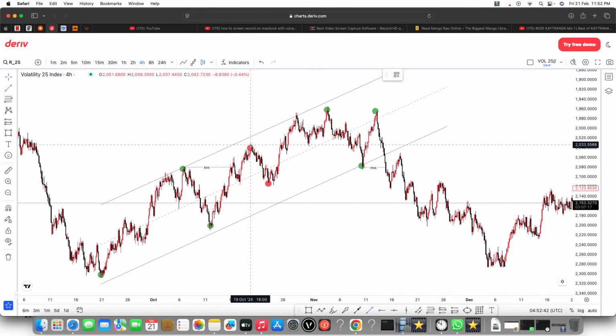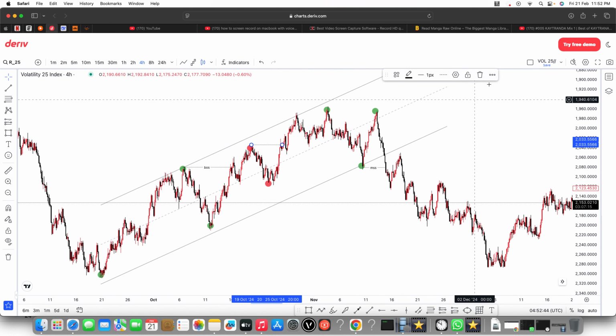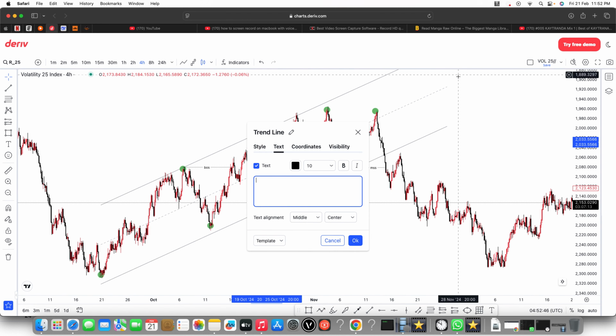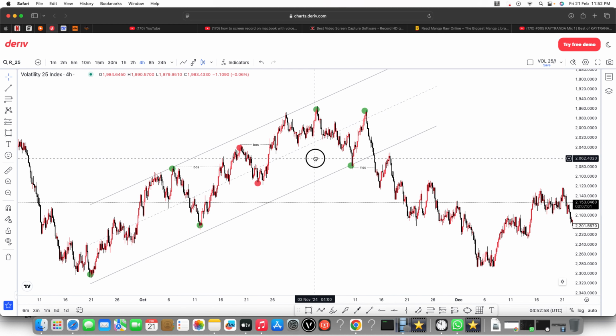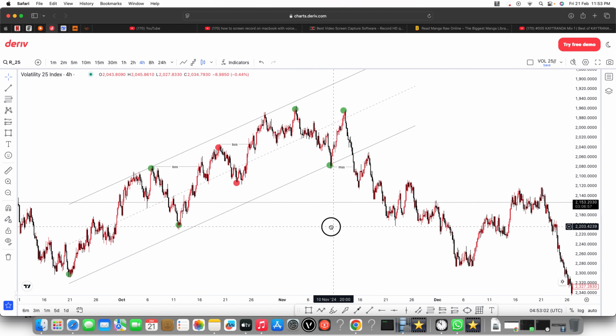The break of structure is basically the starting point of the trend, where you get the first break of structure, second break of structure, third break of structure, maybe even a fourth break of structure. We have to look for the specific start of the trend to know that it is actually a trend.